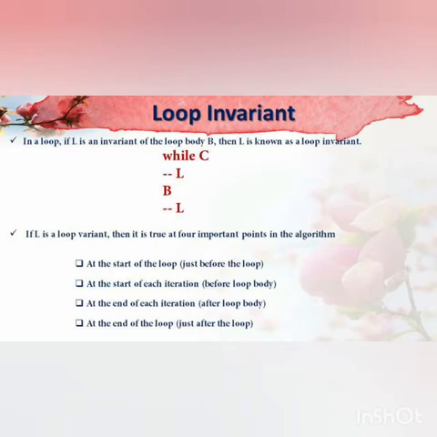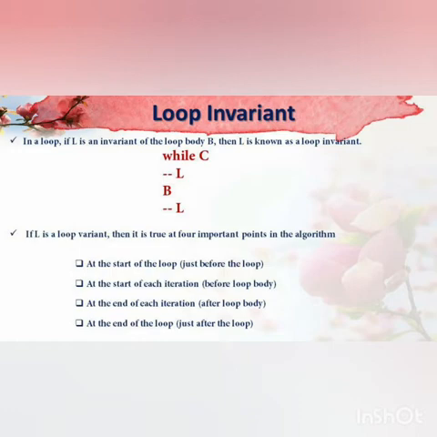While doing iteration, automatically the value of the variable will be updated. That is, the value of the variable will be changed, but the property will not be changed. It remains the same. Then that is called a loop invariant. In which places should it satisfy the condition? At the start of the loop. Before we start a loop, the property should be the same, and the same property should be maintained in all the 4 steps.